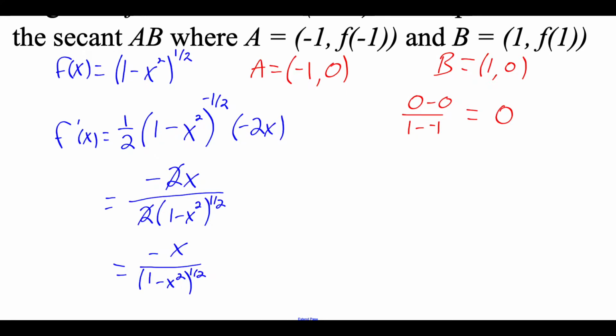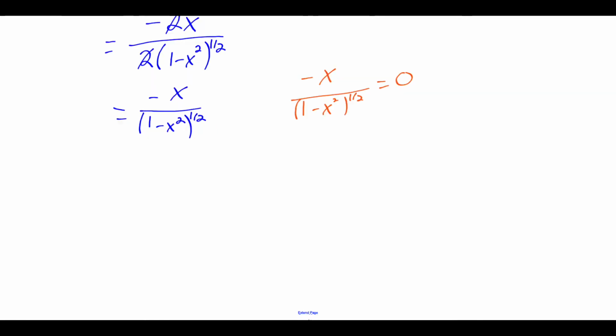What we're trying to figure out is where this derivative would equal 0. So I'm going to take that -x over 1 minus x squared to the 1/2 power and set it equal to that 0 slope that we're trying to find. If we took this denominator and multiplied it over to the other side, then this would just say -x equals 0. So then at the x value of 0 is where our derivative is equal to 0.